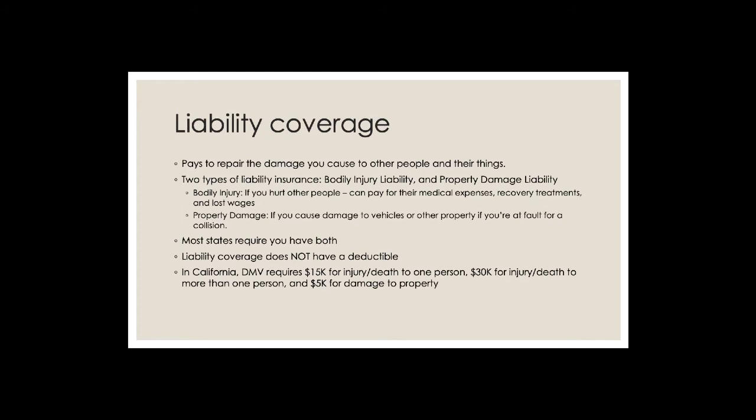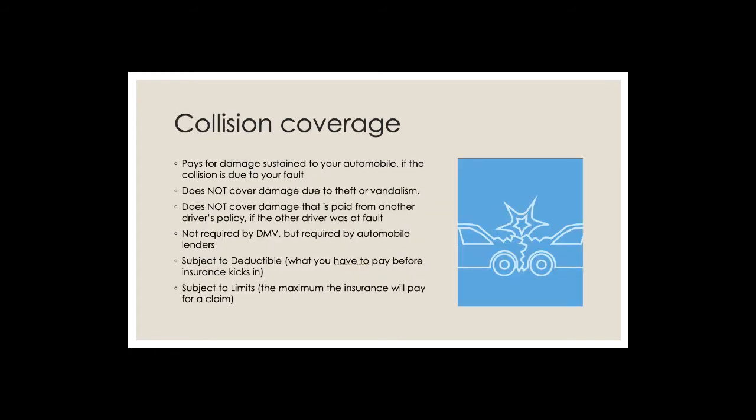The second type of coverage is collision coverage, and this is concerned not with other people and their stuff, but with your car. This pays for damage sustained to your automobile if the collision is due to your fault. It does not cover damage due to theft or vandalism. That's covered under the next type we'll look at in just a slide from now.